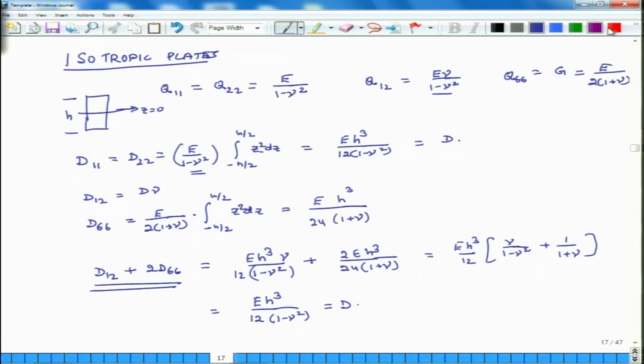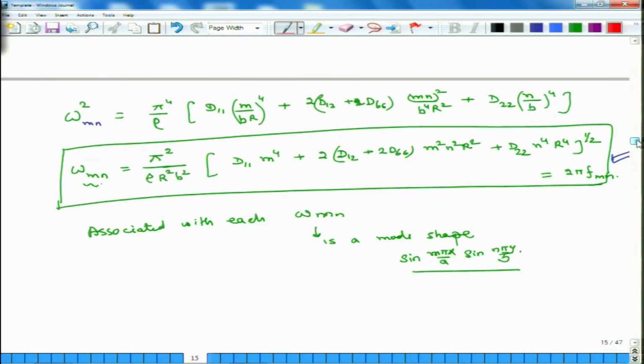So, we plug this relation and this relation back into our equation for the composite plate.